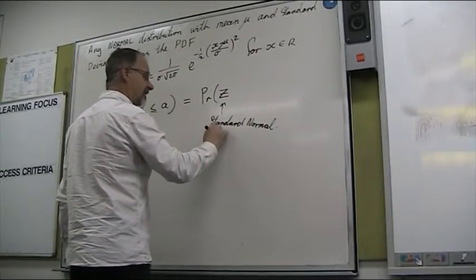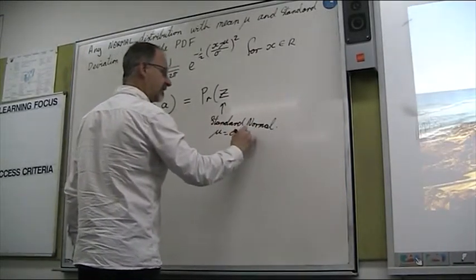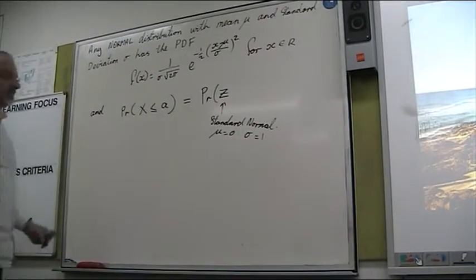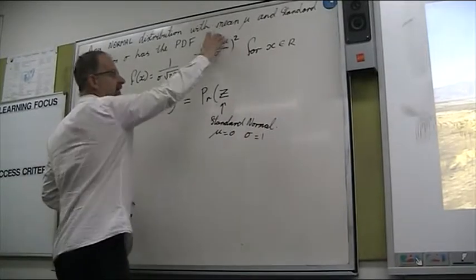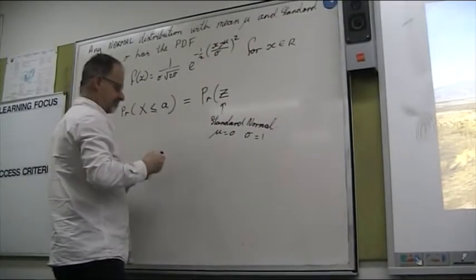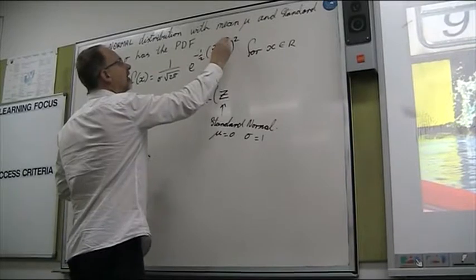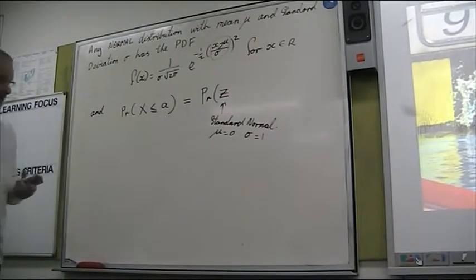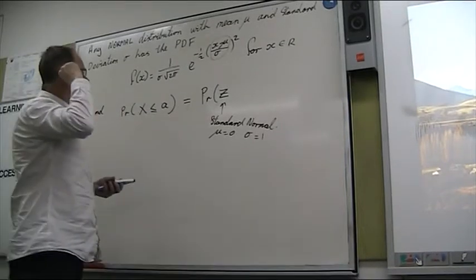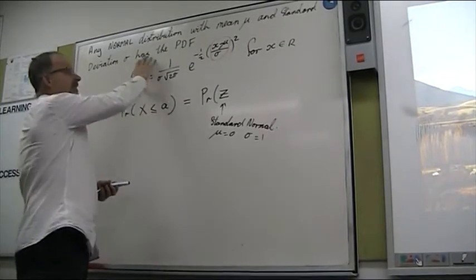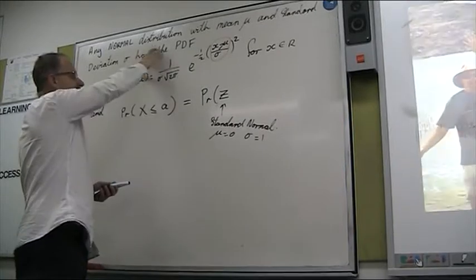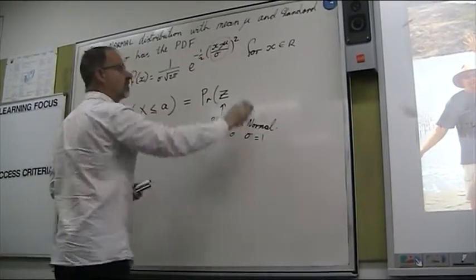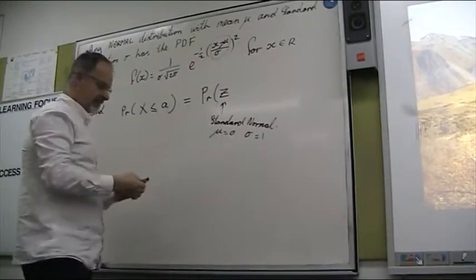So the standard normal has mean 0 and standard deviation 1. But the key part, the thing I've rubbed out, is that bit there. To go from X to the standard normal, we use this conversion factor.